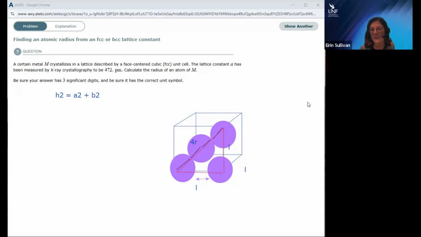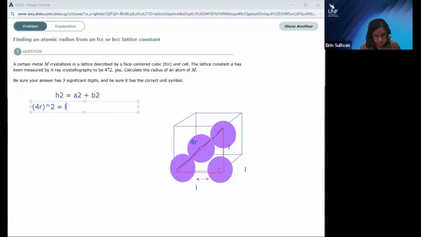So hopefully we can all agree that here is a right-angled triangle, okay? So in terms of our face-centered cubic unit cell, our hypotenuse squared, the length in terms of the radius, is 4R, and that'll be squared. And then our edge length is the same, okay? So it's going to be L.